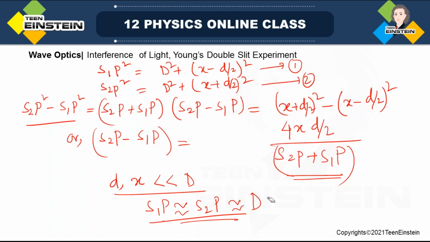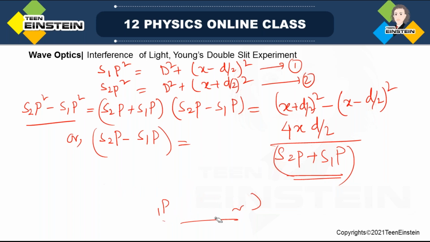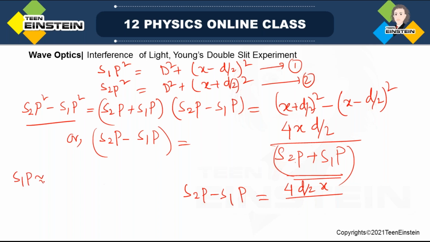So if you use that approximation, then what you get, I'll write it here: S2P minus S1P will be 4 into D by 2 into X, divided by, as we have seen S1P and S2P can be written as D at this condition.